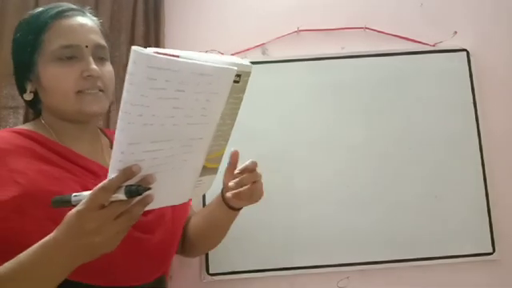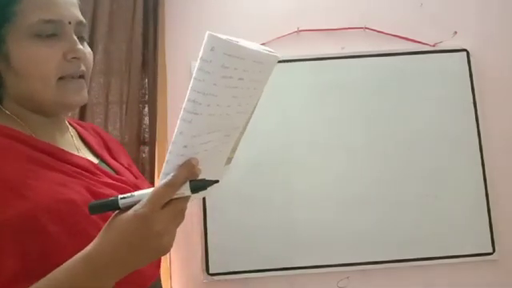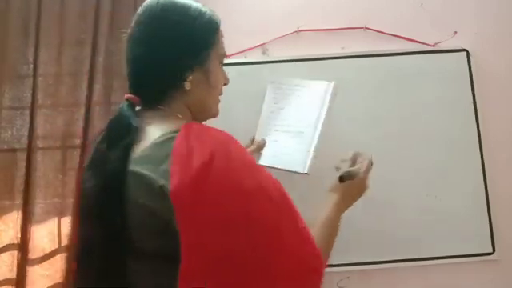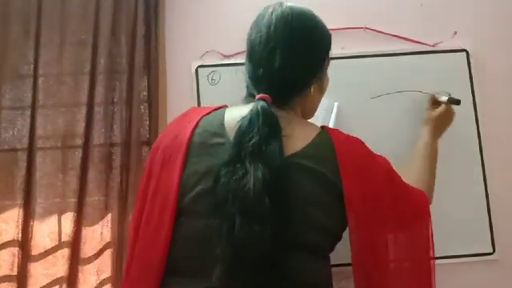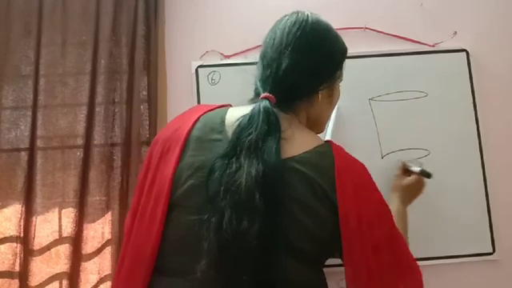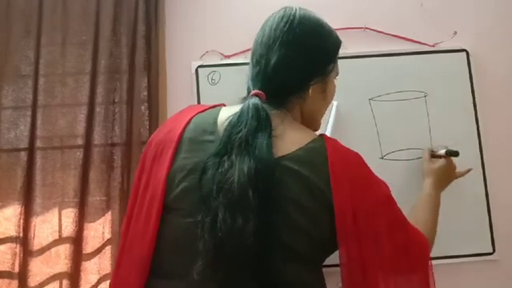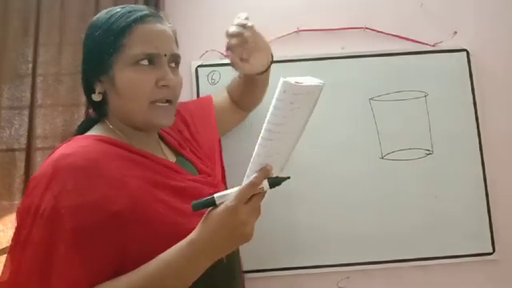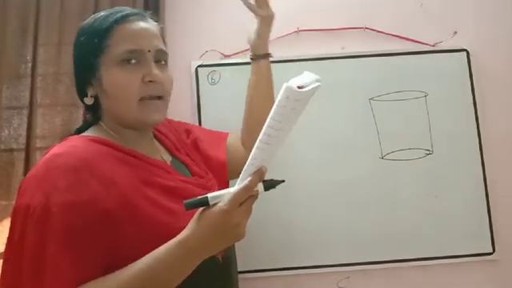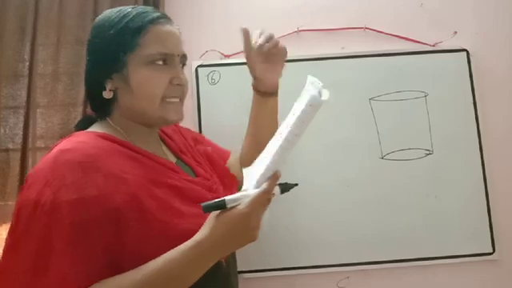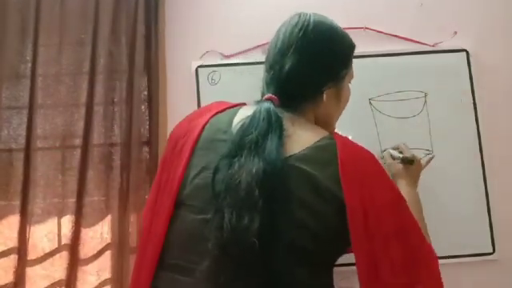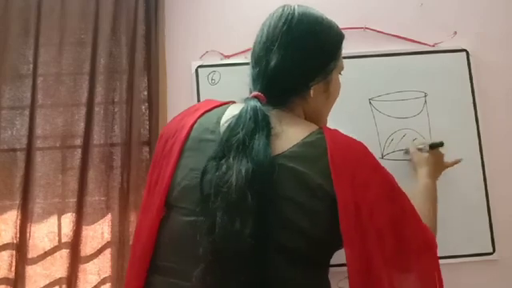Now, the next question is written: a wooden article was made by scooping out a hemisphere from each end of a cylinder. So, just imagine it is a solid cylinder. From the solid cylinder, you are scooping out, means you are taking out a hemisphere from each end there. So, from this end also I am taking a hemisphere, and from here also I am taking a hemisphere.